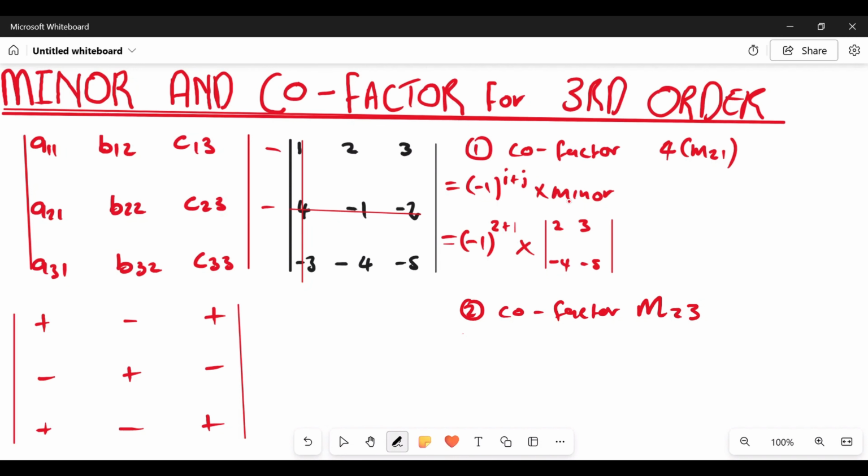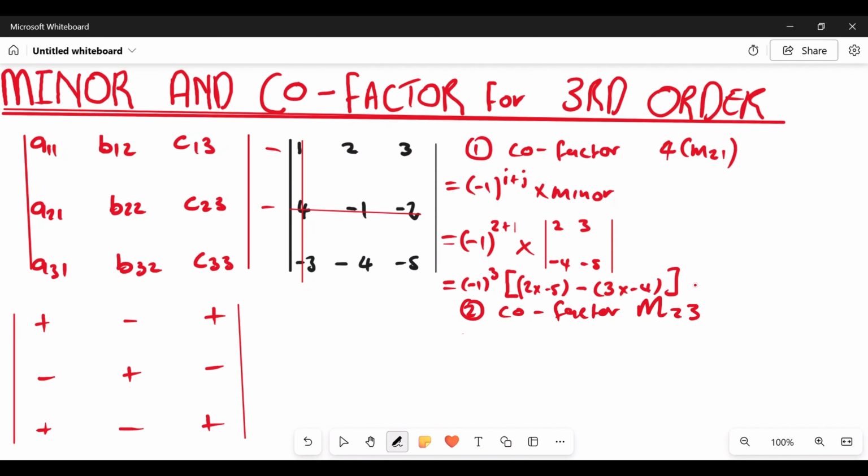When you calculate the minor, it's more like we are doing the determinant. So it's going to be -1 to the power of 3. Remember, this is 2 plus 1, so that makes it 3. And then multiply by, so what is our determinant here? It's going to be 2 multiplied by -5 minus the product of 3 and -4.